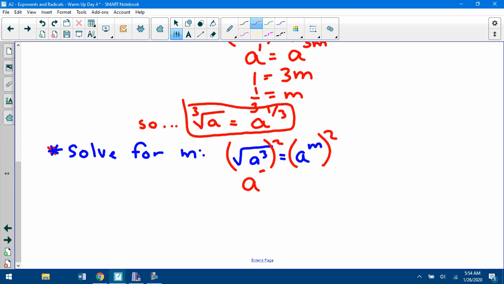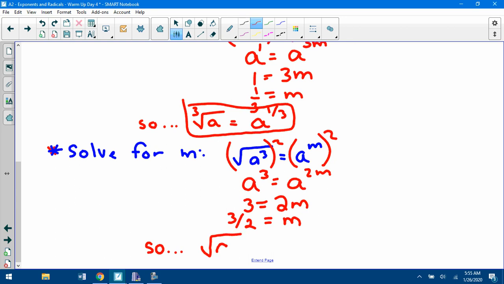So a cubed equals a to the 2m. Bases are the same, so the only way this is true is if 3 is equal to 2m. If I solve for m, I get 3/2. So in this case, the square root of a cubed ended up being a to the 3/2 power, because that's what m came out to be.